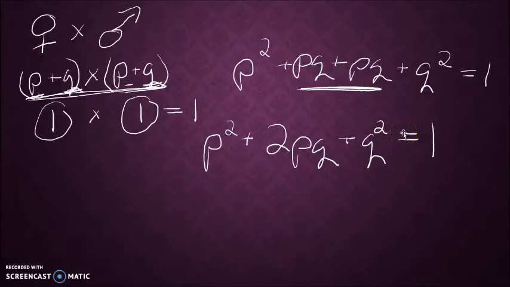Now, these terms, p squared, 2pq, and q squared, each represent a specific genotype.